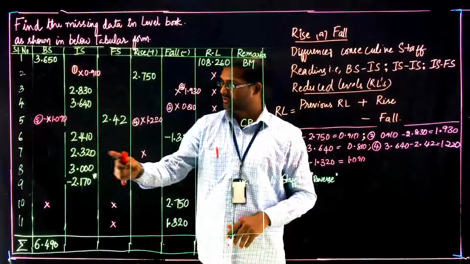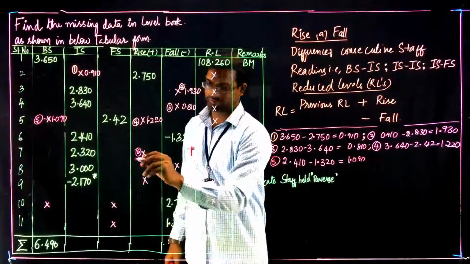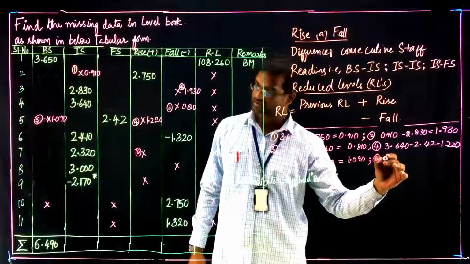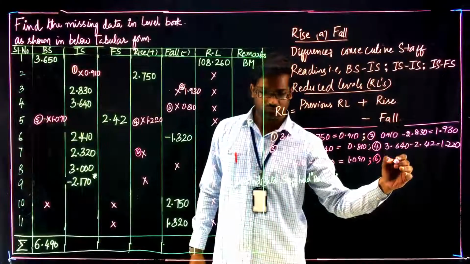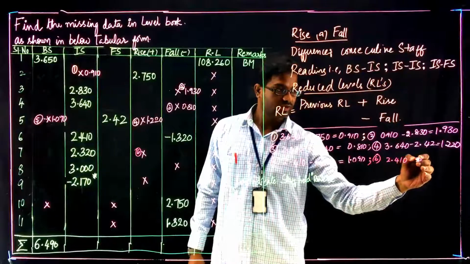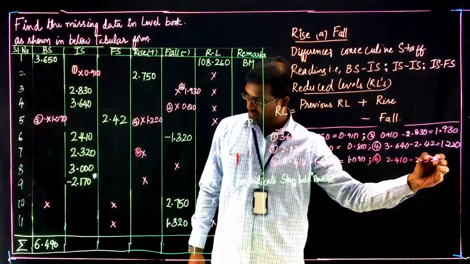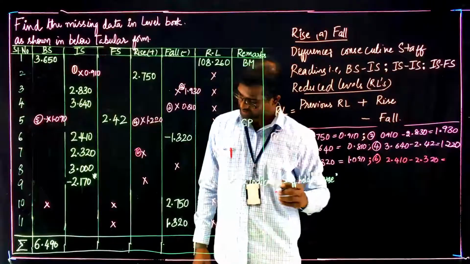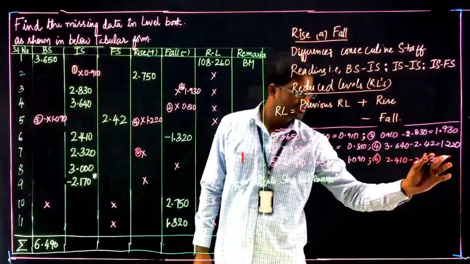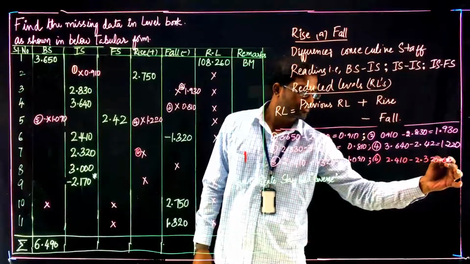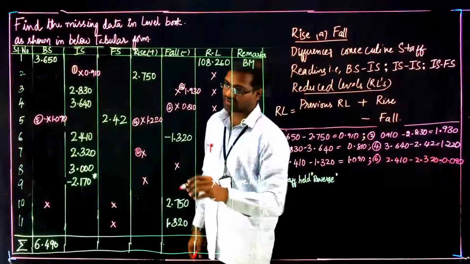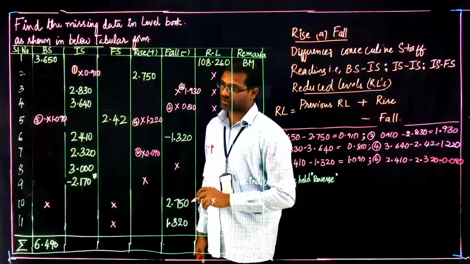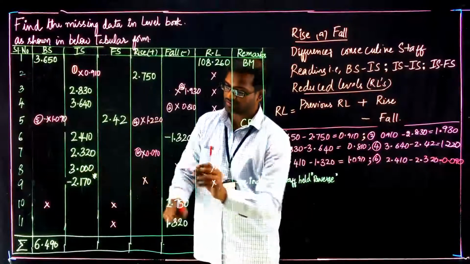Now this minus this will give you the sixth one. The sixth one is given by 2.410 minus 2.320, which gives a value of 0.090. Next, this minus this value will give you the seventh one.